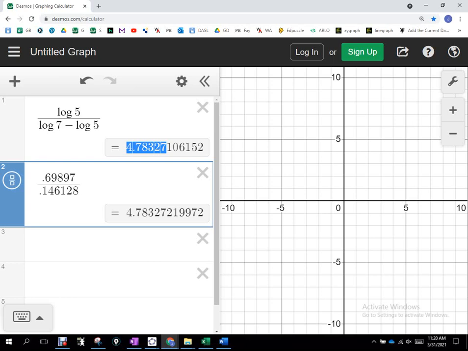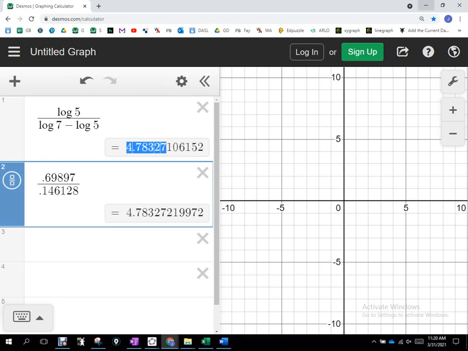So if they want a decimal approximation, maybe you don't even have to deal with the word log in the equation. Does that make sense? And that might make it easier for some of us if we have that alternative approach. That's maybe the way I would do it.